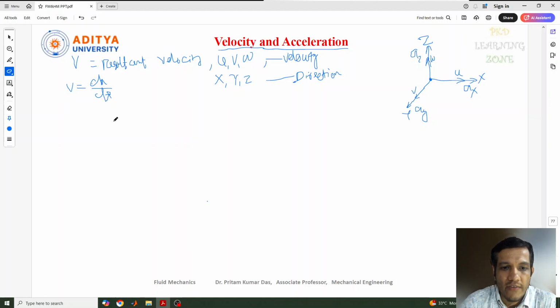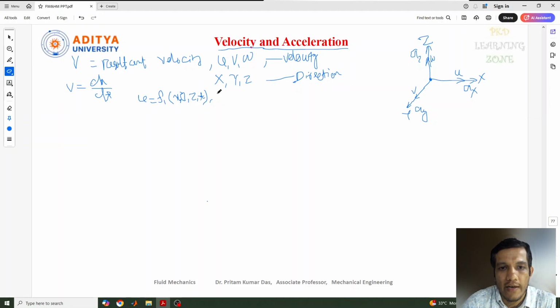So this velocity component we can write in terms of u, v, w. How can we write that? u is a function of x, y, z, and time, because as I told you, velocity is a function of space coordinates and time.